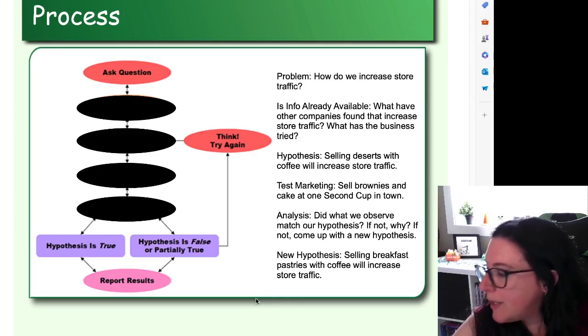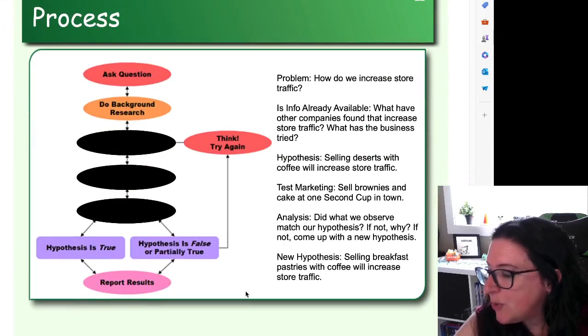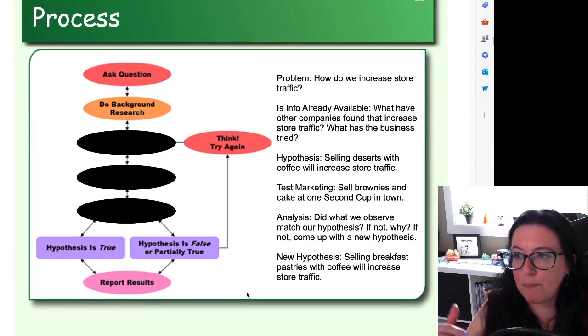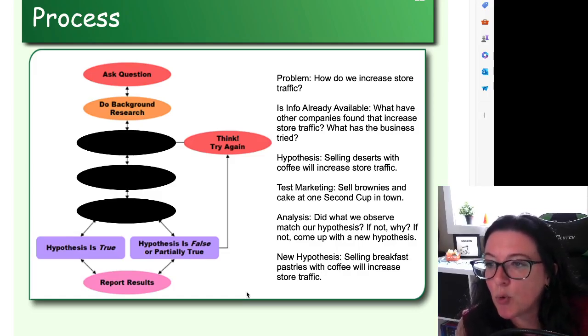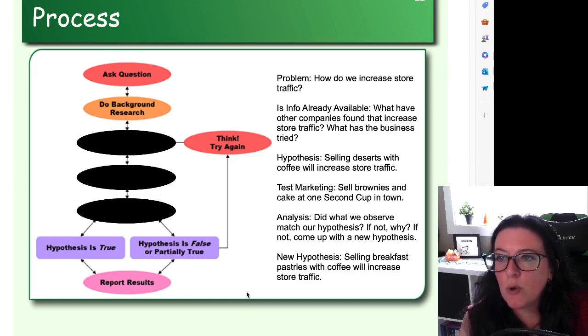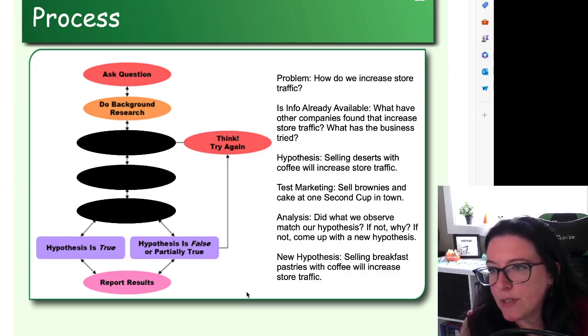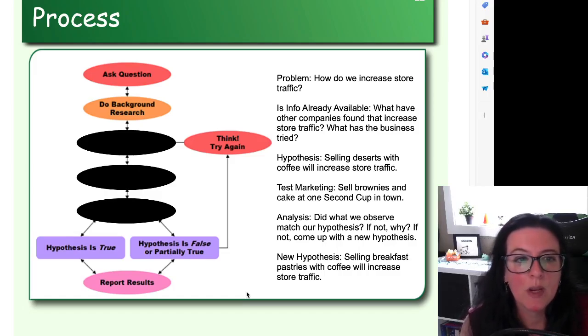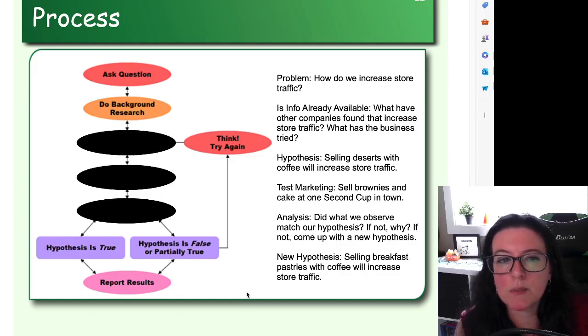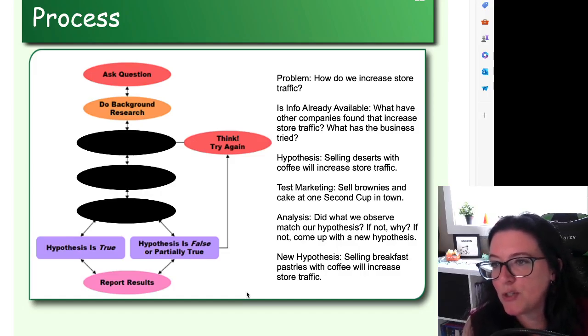Well, what we do is we then do some background research. This is that piece where we try to figure out if the information already exists or what we already know. What have other companies found that increases their store traffic? What has our organization tried before to get more people in? So we're determining whether that information already exists. We're conducting some exploratory research and looking at the situation.